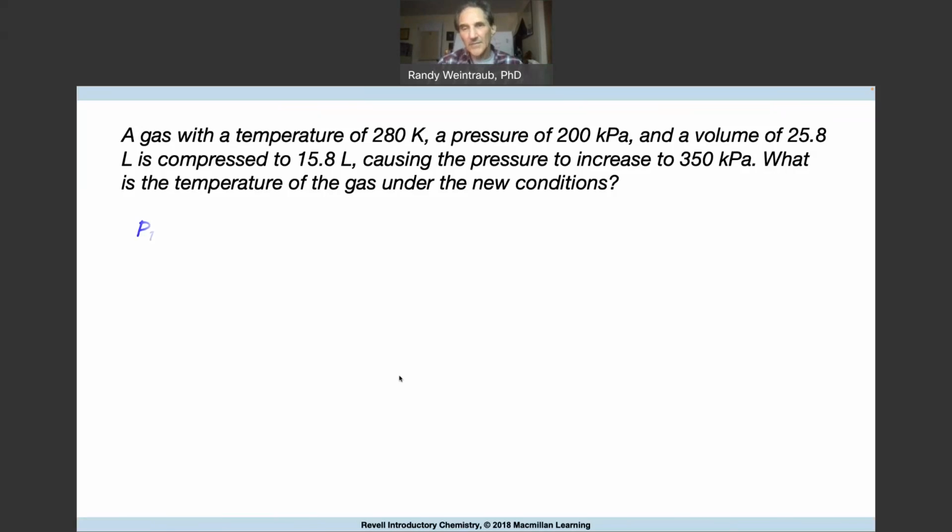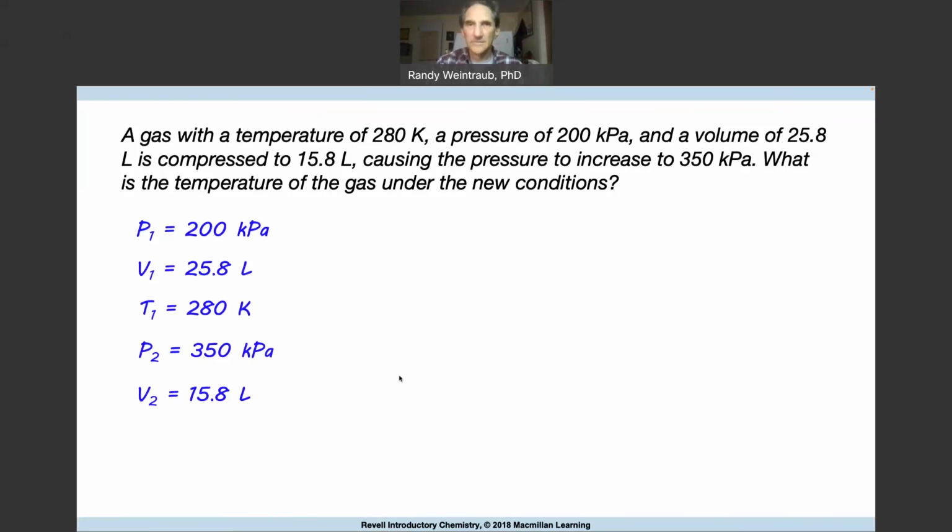In this example, we're given several values. We pull them out of the question, and we're asked to solve for T2. We begin with the combined gas law relationship, then we can rearrange for T2.